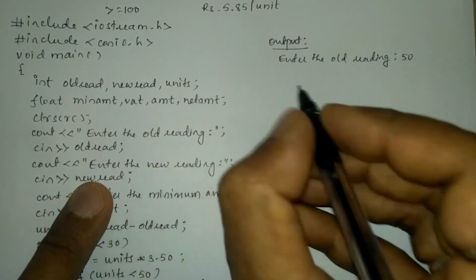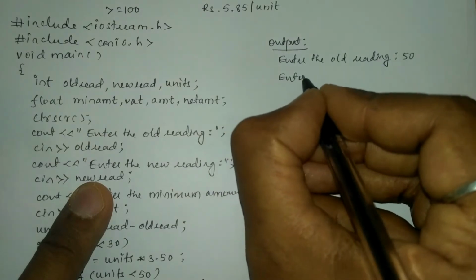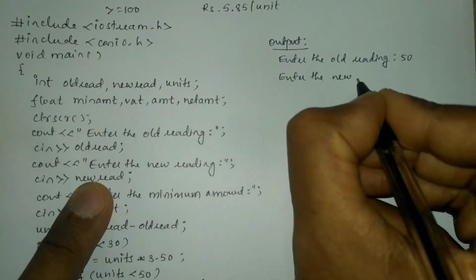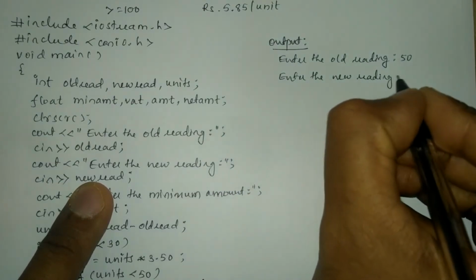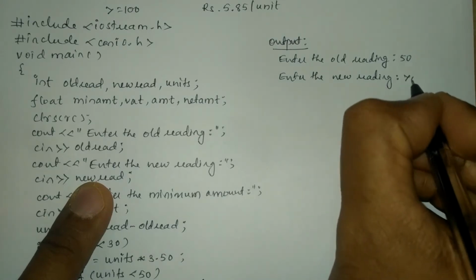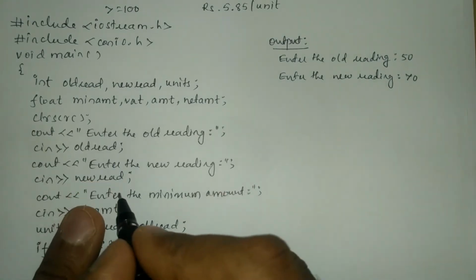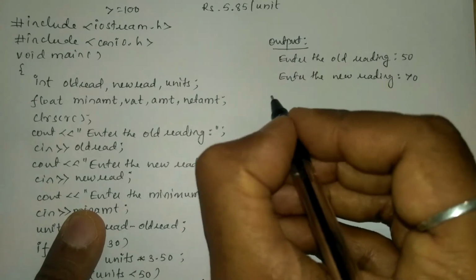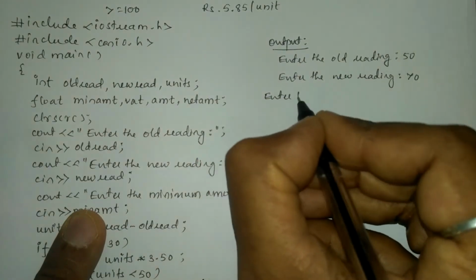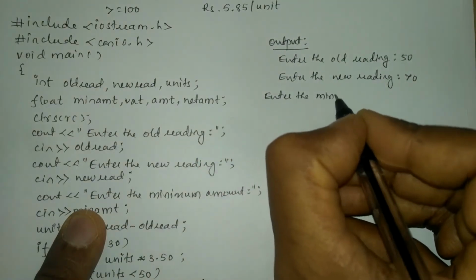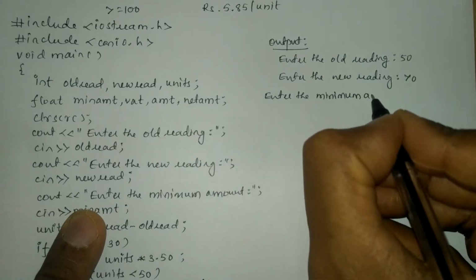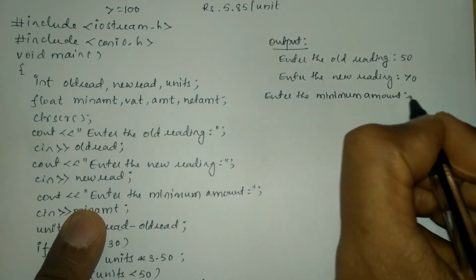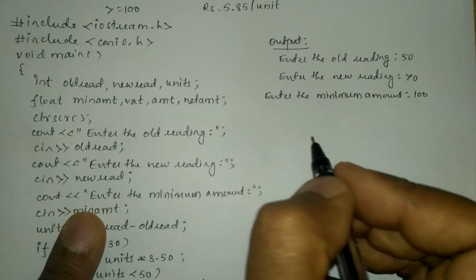Next, it will ask the user to enter the new reading. Enter the new reading. Here I'm going to enter, for example, 70. Next, enter minimum amount. So it will ask the user to enter the minimum amount. For example, I'm going to write 100 rupees.